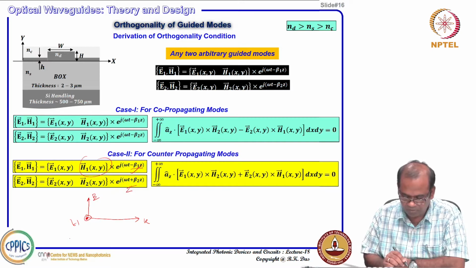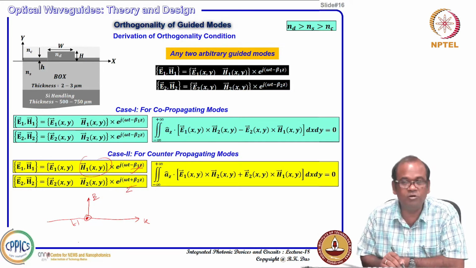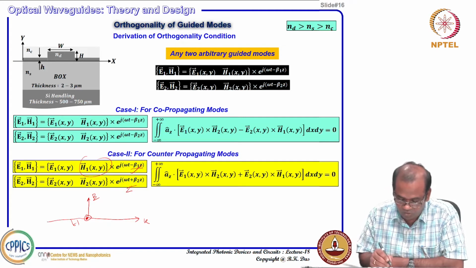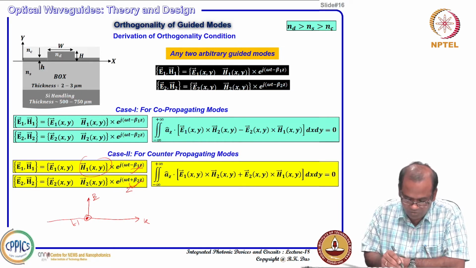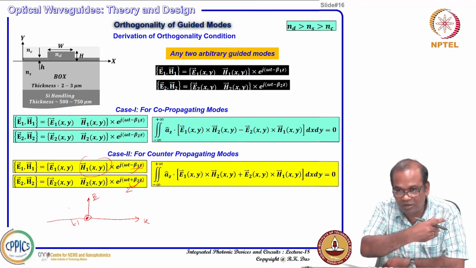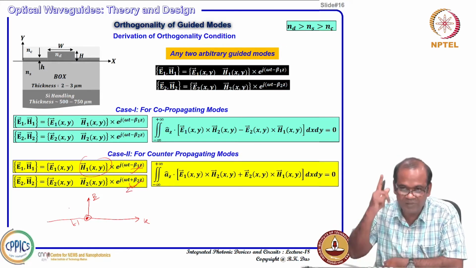This is H. Now, if you change the propagation direction, then the sign of this E field will change. So not only the sign in the phase factor will change, but also in the transverse direction, either the magnetic field or the electric field will change direction, and a minus sign will be used. In the use of the Lorentz reciprocity theorem, you have to keep that particular fact in mind.